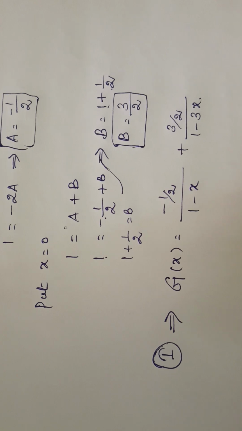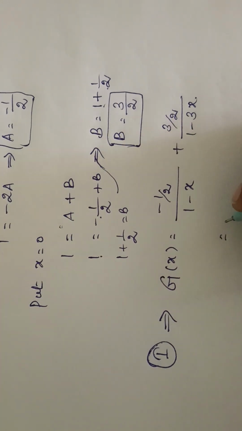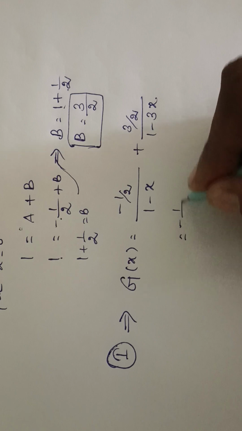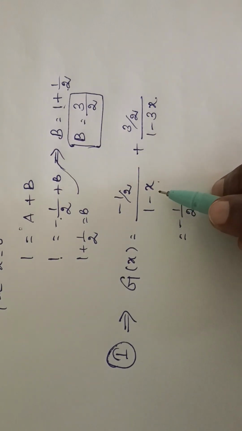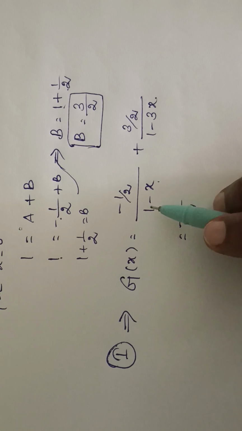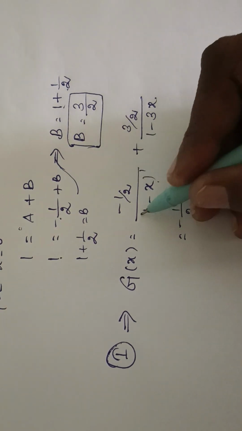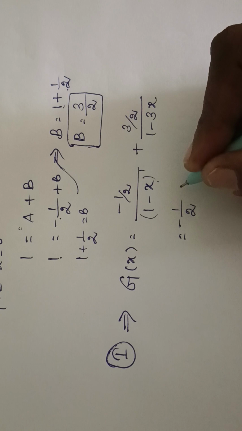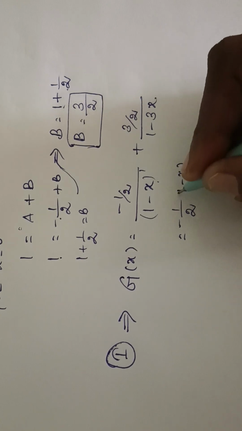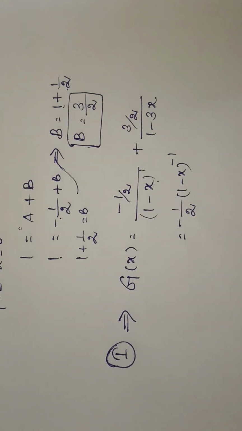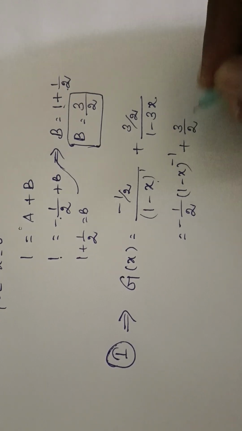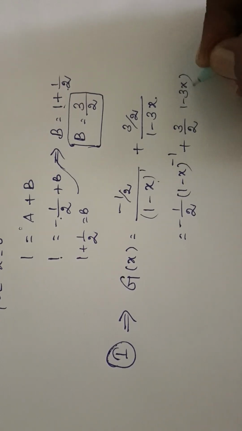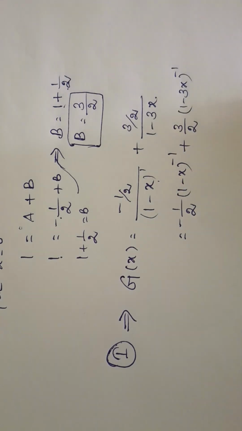Okay, right. So here minus 1 by 2, in that 1 minus x, already we saw that 1 minus x the whole power is in the denominator, so convert into numerator, means 1 minus x the whole power minus 1. Here also the same procedure, 3 by 2 into 1 minus 3x the whole to the power minus 1.